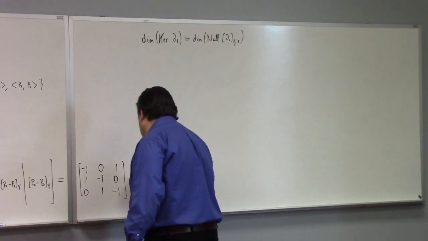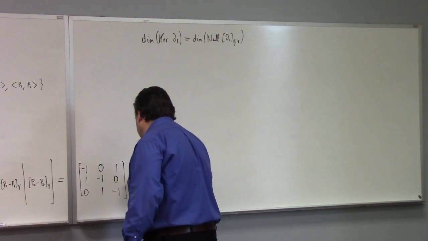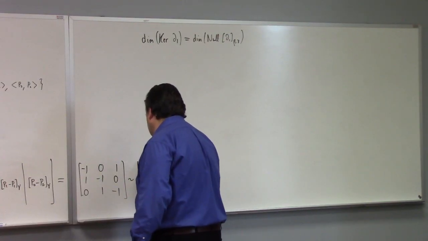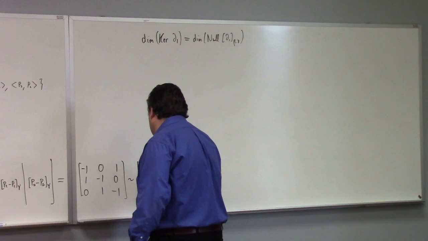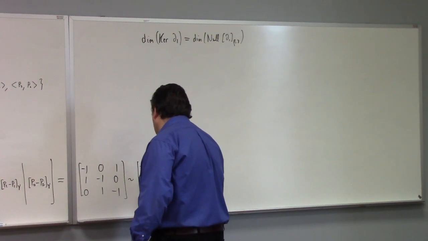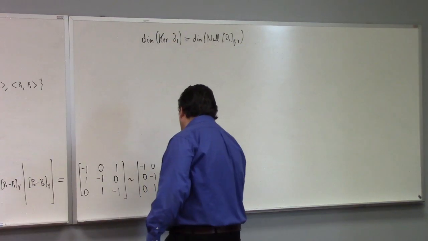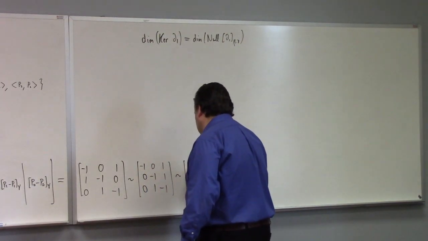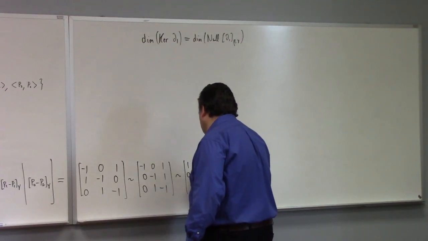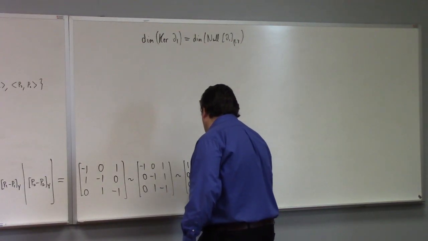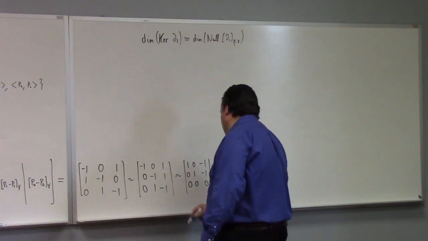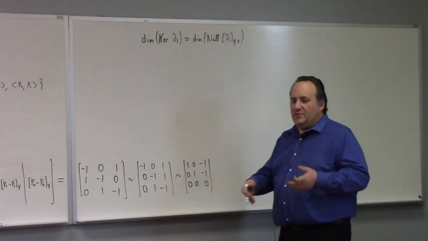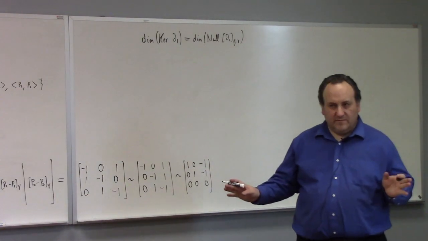Of course, we could just do row reduction. We get minus 1, 0, 1, 0, minus 1, 1, 0, 1, minus 1, which is, of course, 1, 0, minus 1, 0, 1, minus 1, 0, 0, 0. There you go. We don't need to do all that much. We're only interested in dimensions.